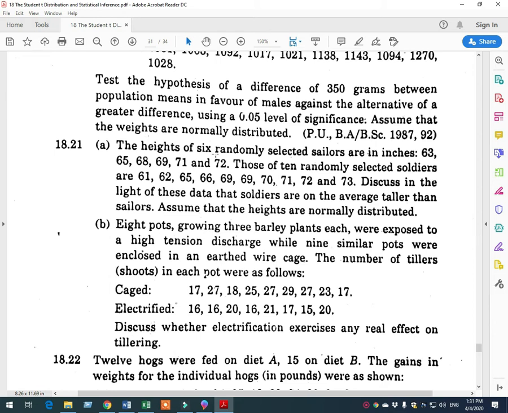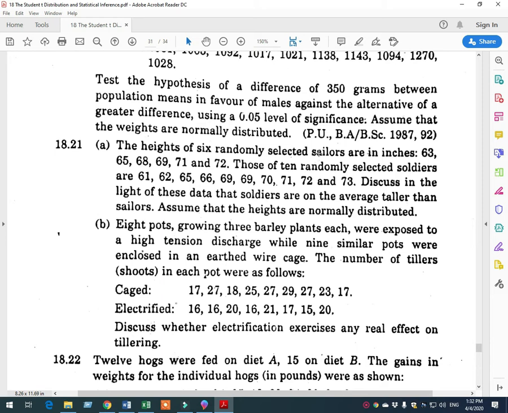The heights of the 6 randomly selected sailors are in inches: 63, 65, 68, 69, 71 and 72. So in the first sample we have 6 sailors with their heights, and those of the 10 randomly selected soldiers.